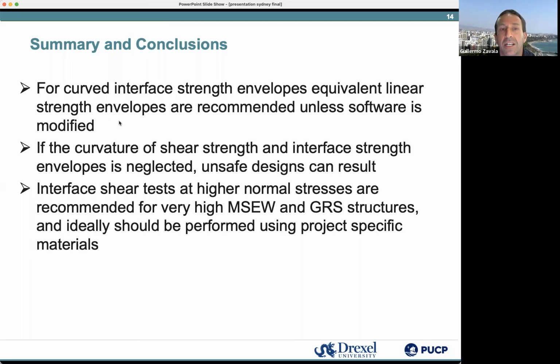So if you neglect to take into account that curvature, then you can have unsafe designs. Why? Because the curvature means that there are higher normal stresses. A linear envelope will be overestimating that strength, and that's why you can get unsafe designs and possible failures.